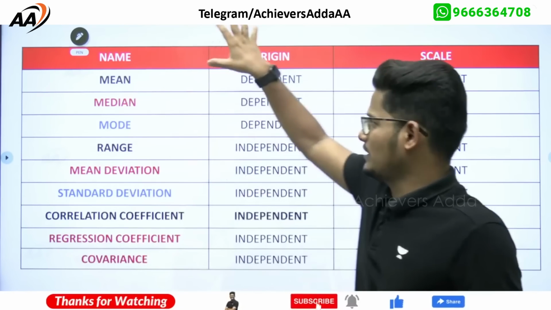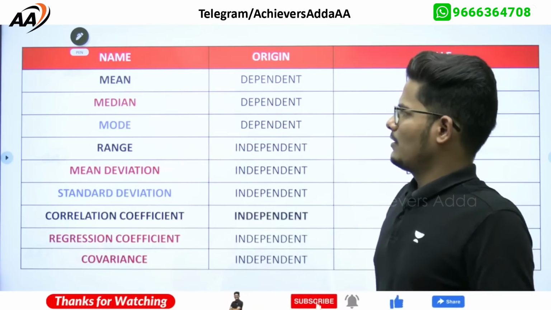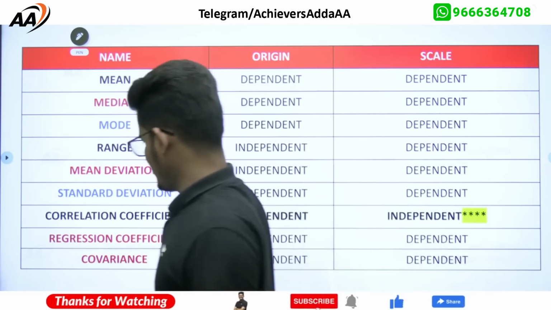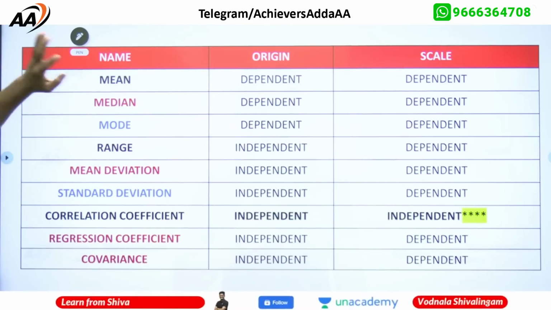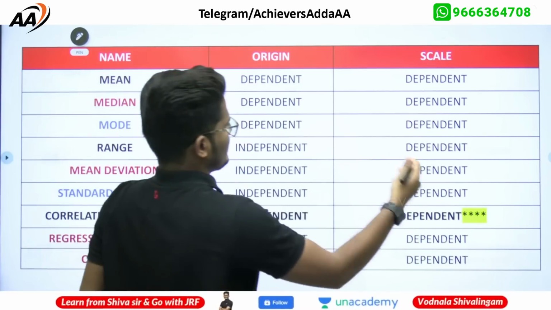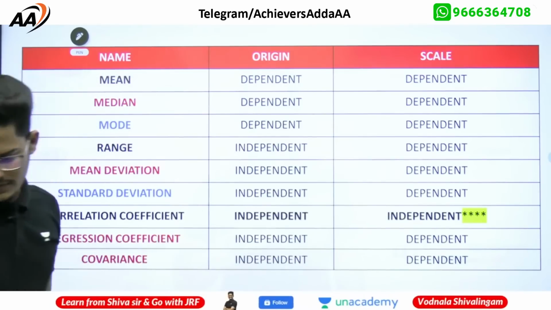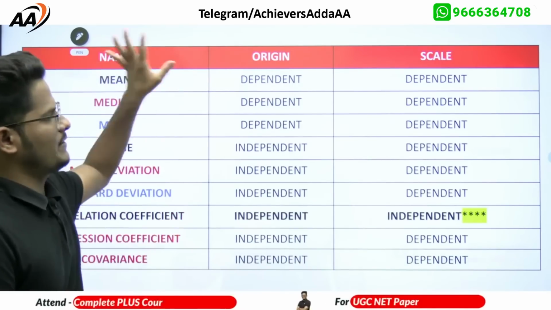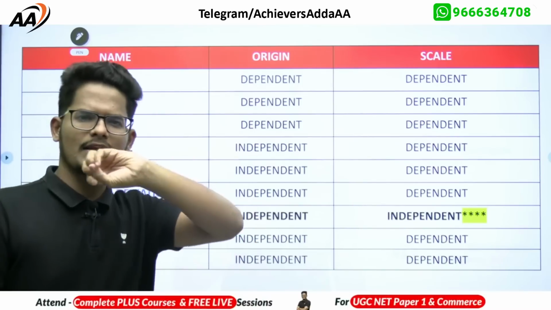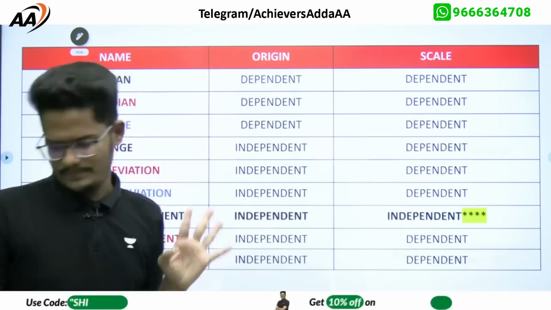I will tell you all the correlation, regression, as well as the measures of dispersion and skewness, and everything. We have to decide whether they are dependent on origin and dependent on scale or not. You will never get this type of chart on any platform or in any material, I am sure.